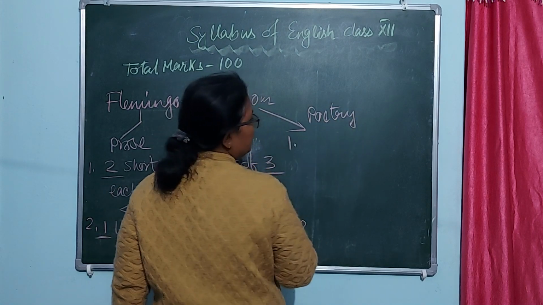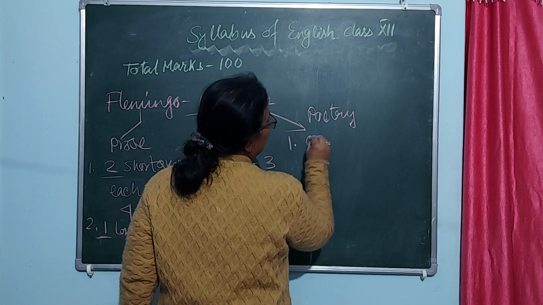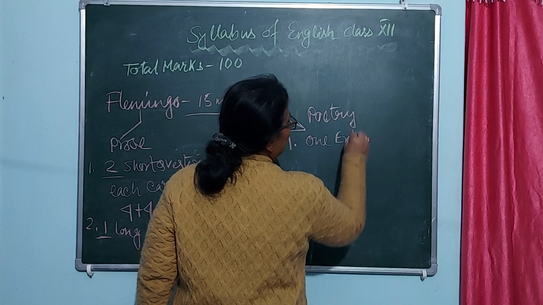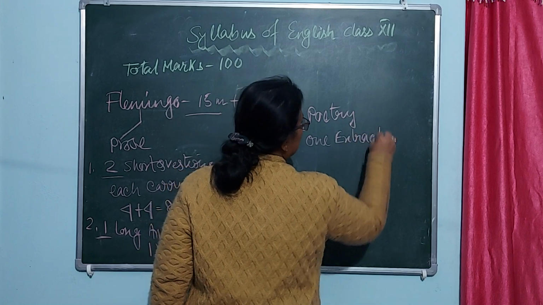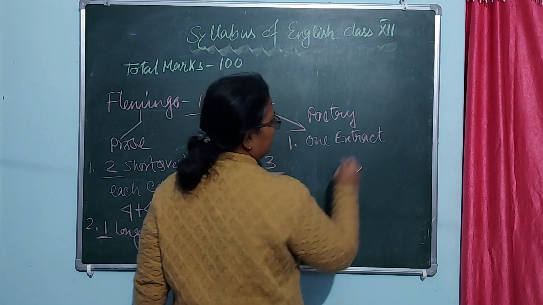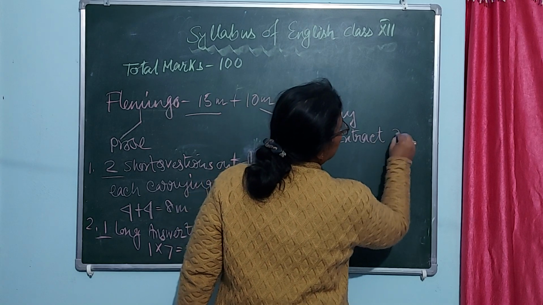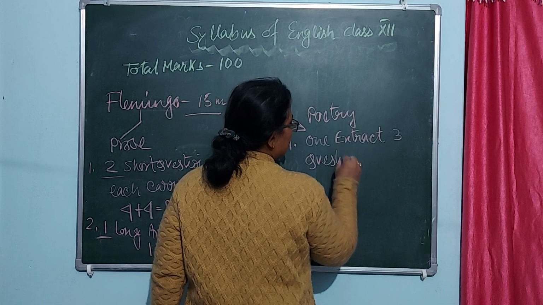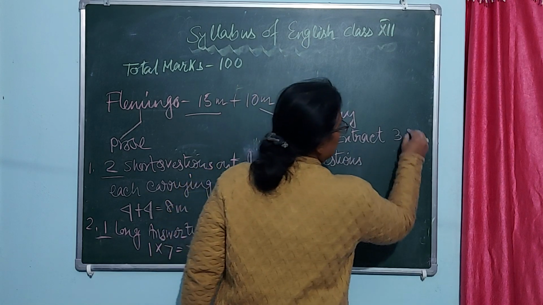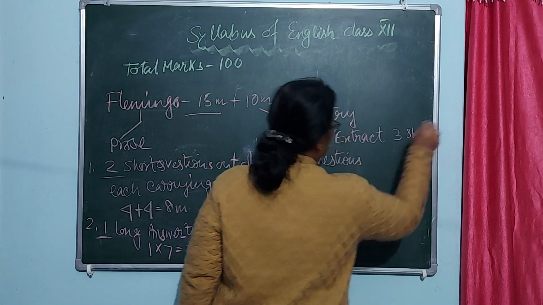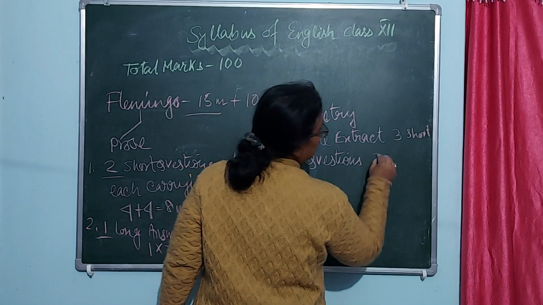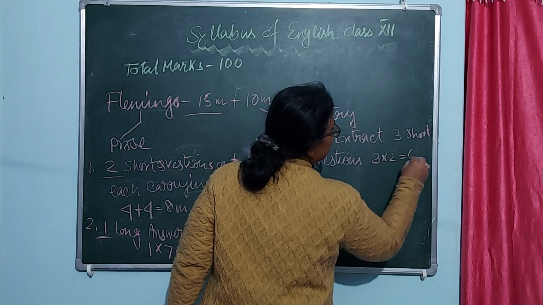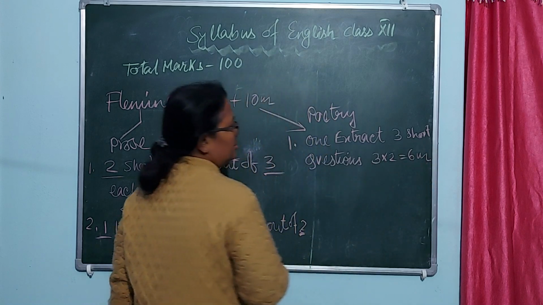How has this poetry been divided? 1 extract will be given, with 3 short questions. So 3 into 2, 6 marks.